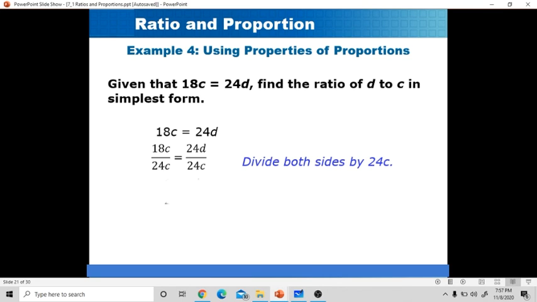It will become 18 all over 24 equals D all over C. Simplify. Ang 18 all over 24 will become 3/4. Okay, 3/4 equals D over C. Okay, ito na ngayon yung ratio ng D all over C.